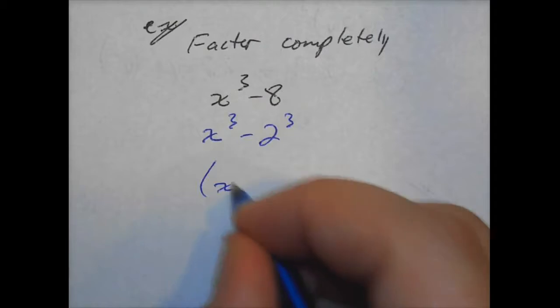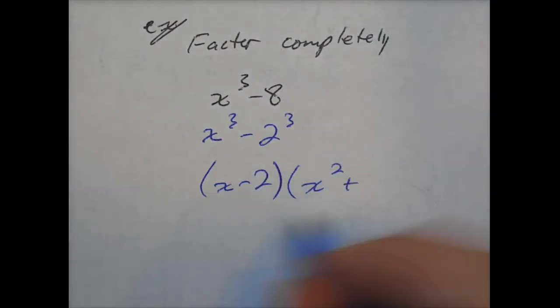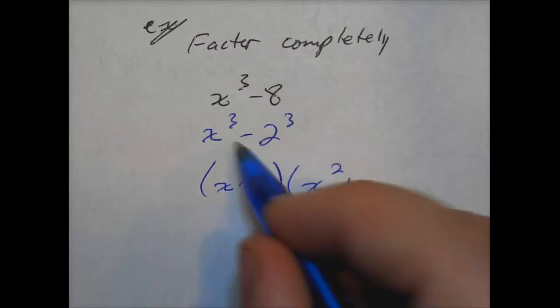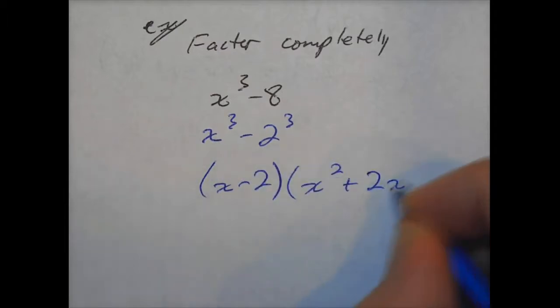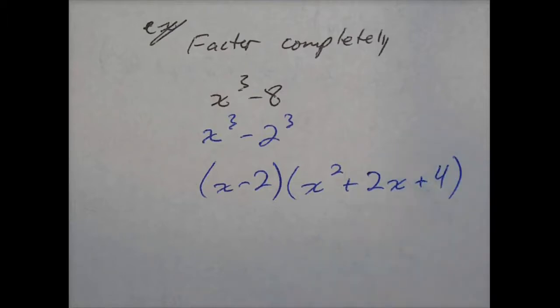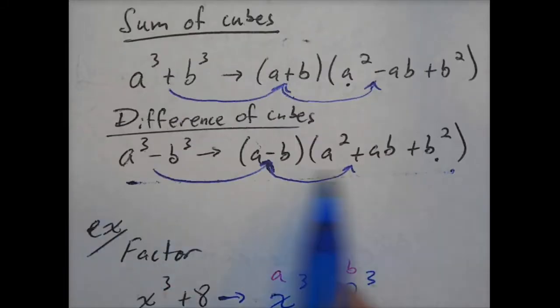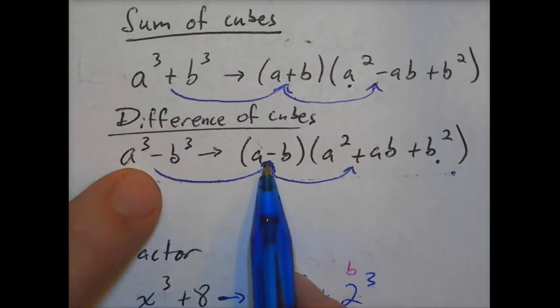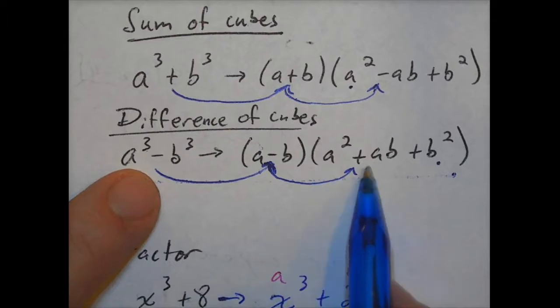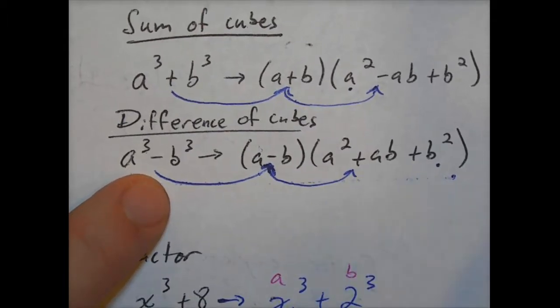So I have x minus 2 times the first thing squared plus, different sign, these two things multiplied, so plus 2x, it's always plus, plus the second thing squared. Right, so that is our difference of cubes: first thing minus the second thing, first thing squared plus the two things times each other plus the second thing squared.